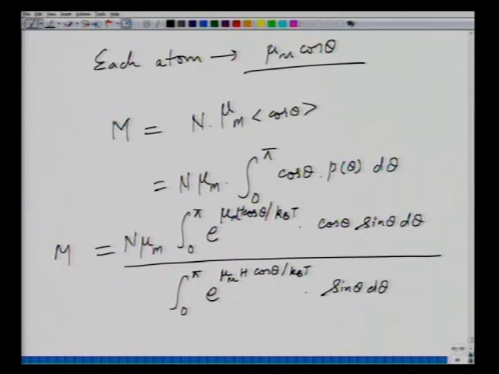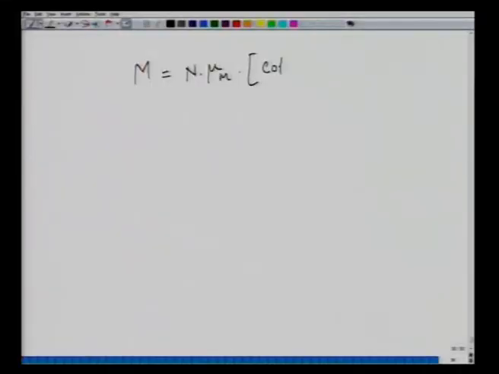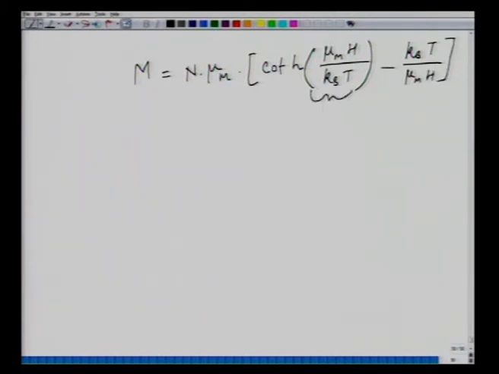And this works out in a similar fashion as we did in orientation polarization. So the magnetization works out to be n into mu m into coth of mu m H divided by k B T minus k B T divided by mu m H. And if you remember, this mu m H by k B T we assumed as alpha.